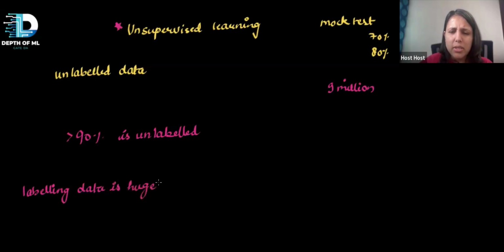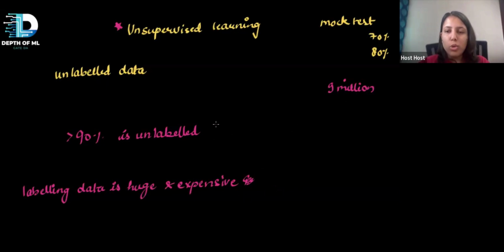It used to take us a year to label the data. And still we used to struggle getting the labeled data right. It's huge and expensive, right? So the data that we have mostly is unlabeled data.